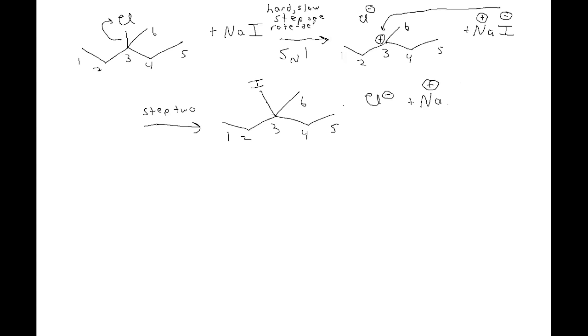And that turns out to be the key. So what that means is only things that participate in step 1 affect the rate of an SN1 reaction. Anything that only participates in step 2 does not affect the rate of an SN1 reaction.